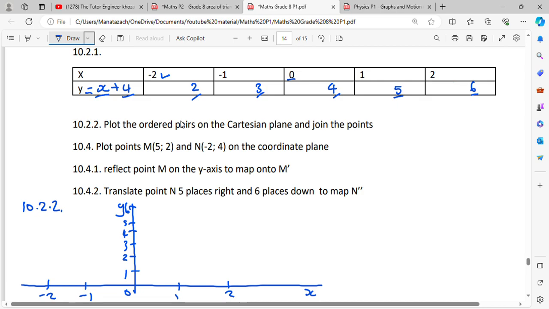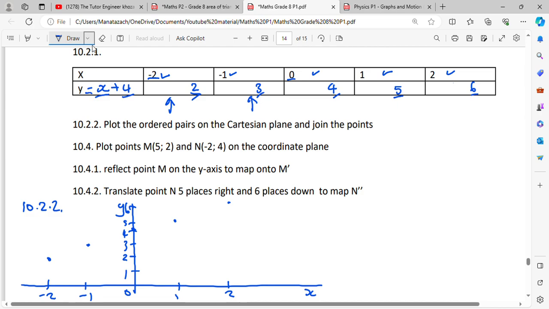Okay, this point where x is minus 2, y is 2, we're going to make a point there. And then the next point is minus 1 and 3, which is here. Then the next point is going to be 0 and 4, which is here. 1 and 5, and then finally 2 and 6.